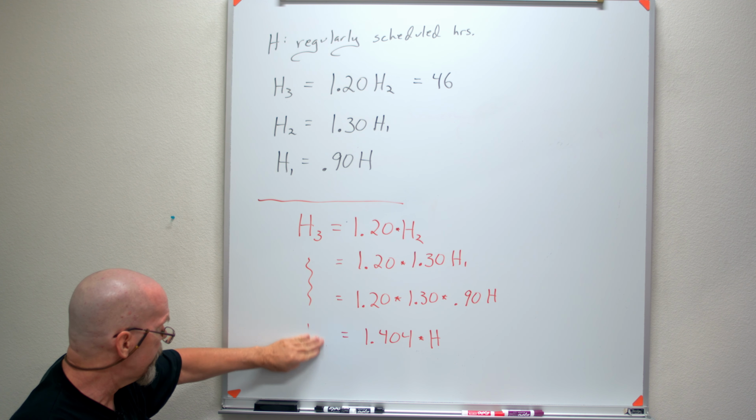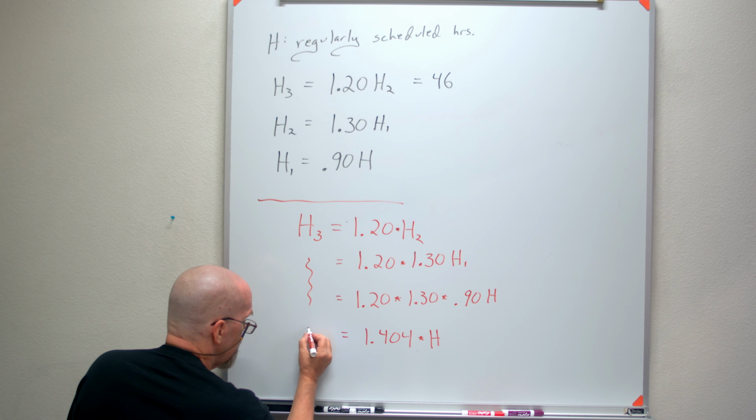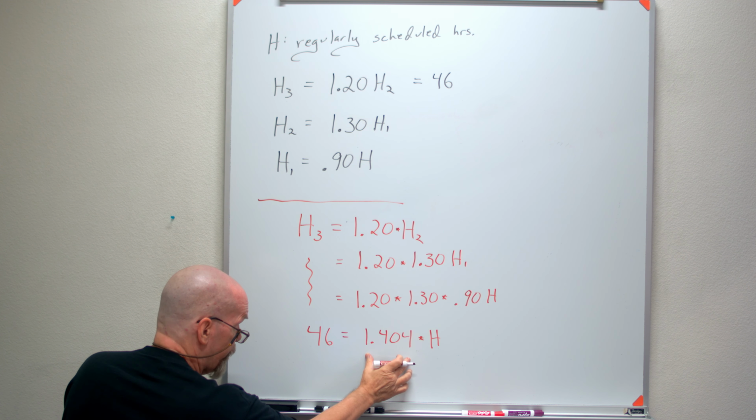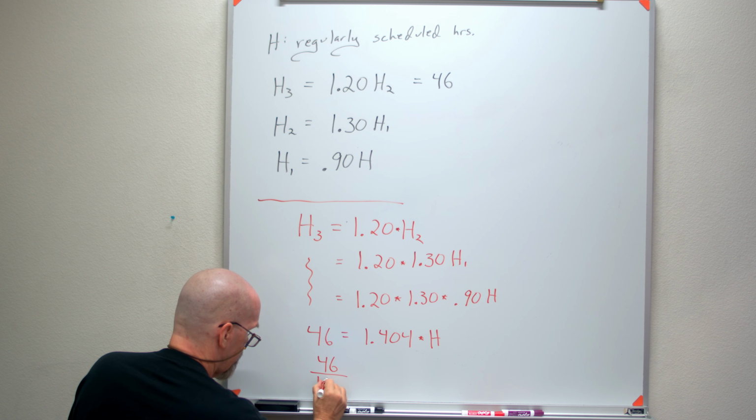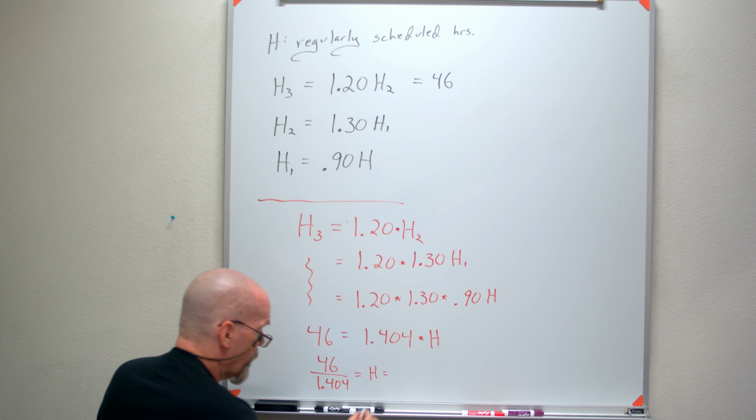I'm just going to get rid of it here because I'm running out of board space. If we divide the 1.404 over here, we get that, and because I did it earlier, that is 32.76.